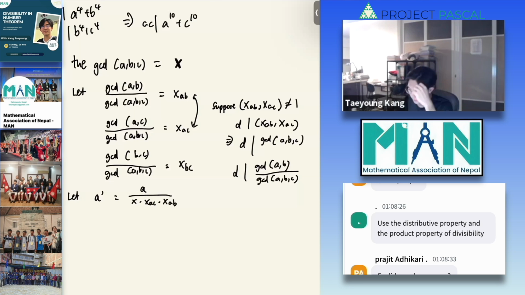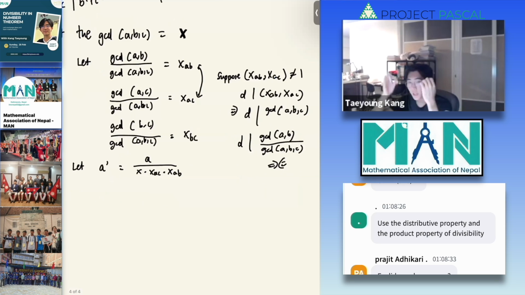So contradiction. So everything here must be integers.